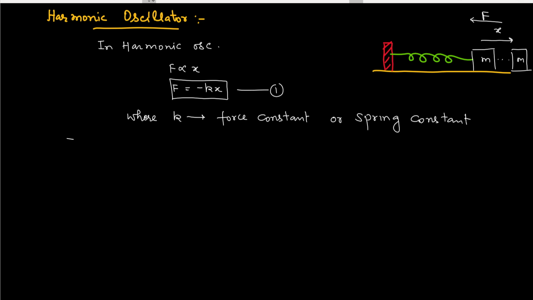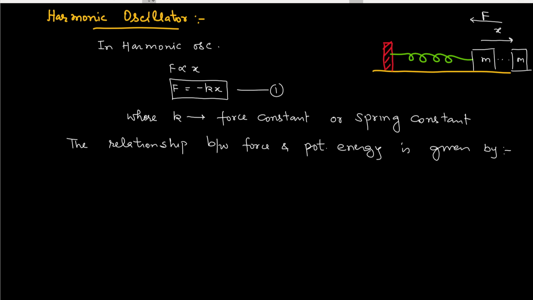The relationship between force and potential energy is given by, as we know, force can be written as the negative gradient of potential energy.